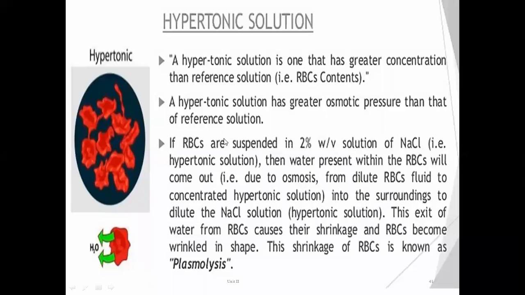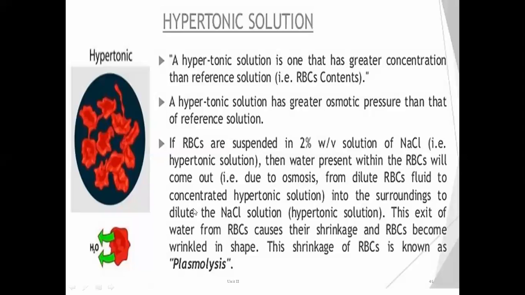If we suspend these RBCs in the 2% solution of sodium chloride, then the water present within the RBCs will come out, to dilute the 2% solution, as the osmotic pressure inside the cell is lower compared to the outside extracellular fluid, that is, 2%. So the water in the RBCs will come out of the RBCs.